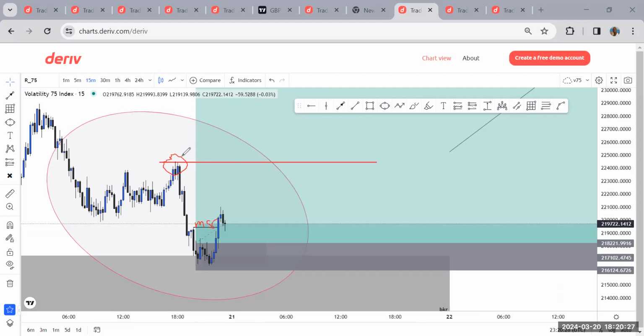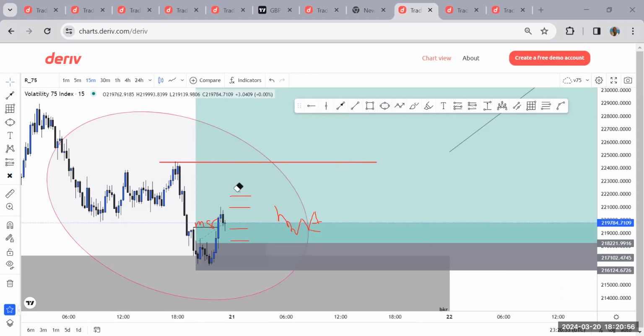When price breaks this one, that should be the external market structure shift, which means that our bullishness is much more confirmed. So when we get a retracement, you'll be looking for fair value gaps and demand zones that price may retrace into. Once we get another market structure shift, we look for a bullish order block and then we buy. So the market structure shift is more important for your confirmation.